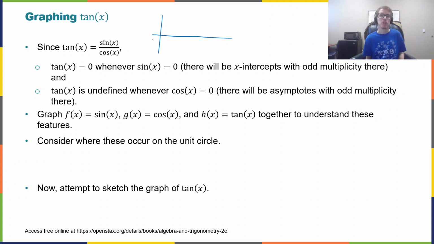So I'm going to graph all of these. Sine of x goes from midline to peak to midline to trough to midline. Let's just sketch that. Now, cosine of x, I'm going to use x's to indicate this, goes from a peak to a midline to a trough to a midline to a peak.